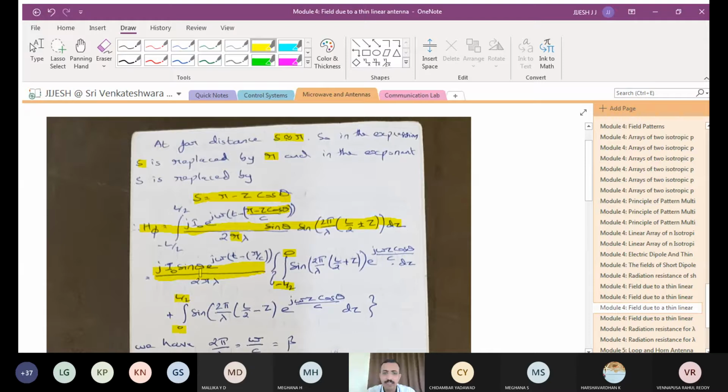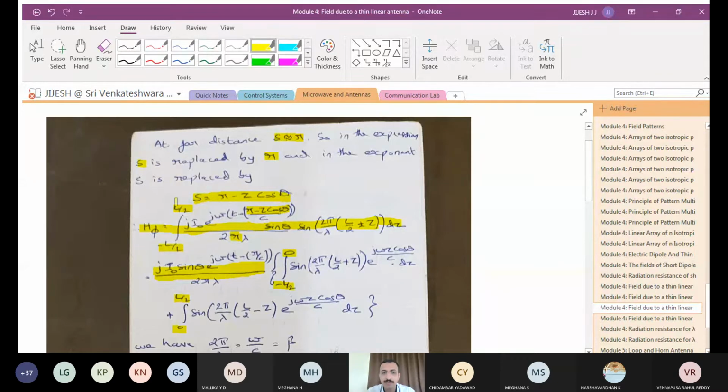We have taken it outside the integration. The rest of the terms are there to be integrated. So what we have done is split the limits minus L by 2 to L by 2 as minus L by 2 to 0 and 0 to L by 2. So let us see that.